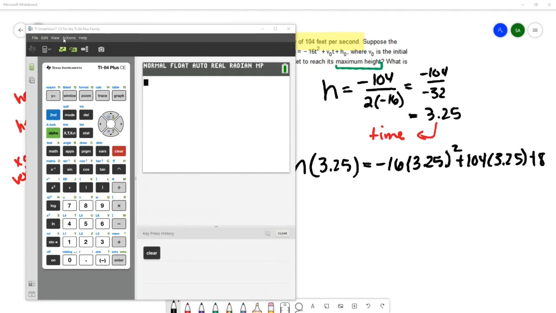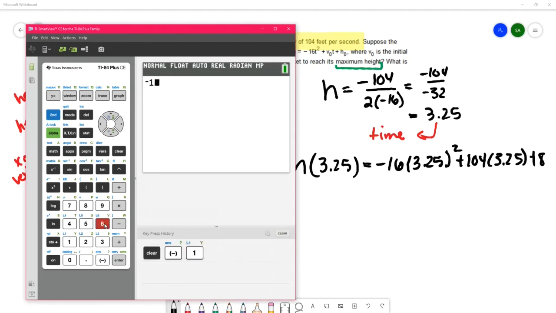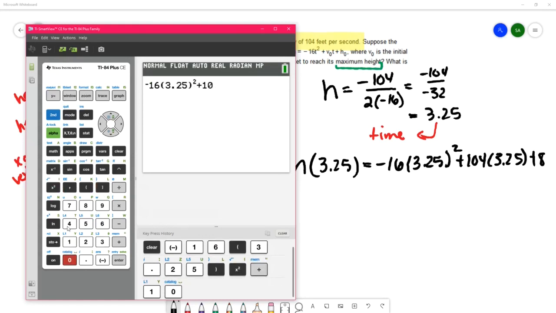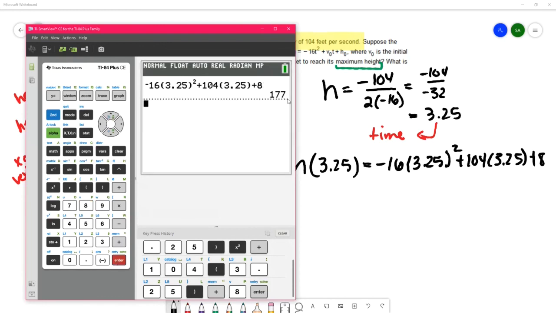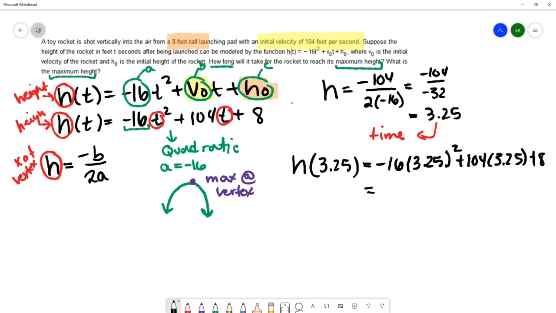Okay, so we're going to work this out in the calculator. We have negative 16 times 3.25 squared plus 104 times 3.25 plus 8, and that's 177.